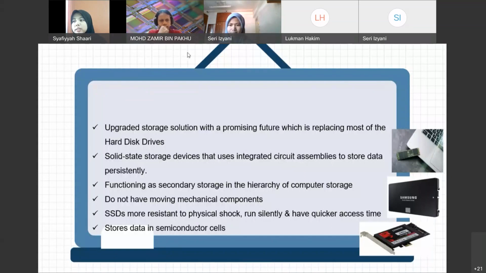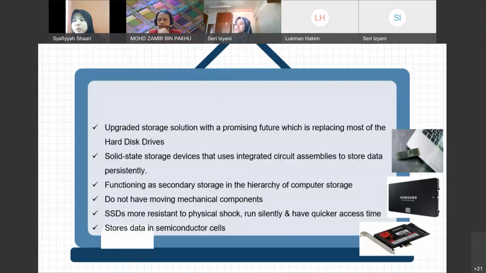By the end of the presentation, you will know a bit more how SSD works. So what is SSD? SSD is similar to a unified drive, a technology without the processor being a permanent feature, that replaces most of the hard disk drive.